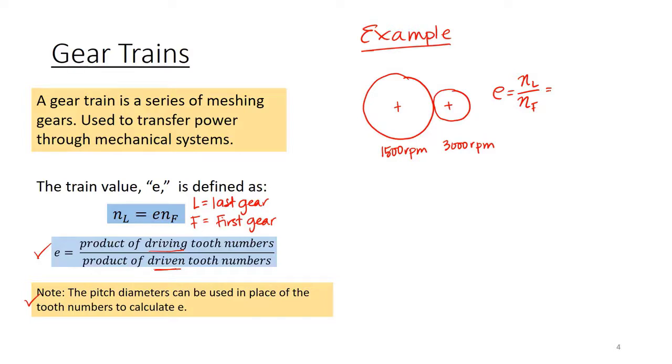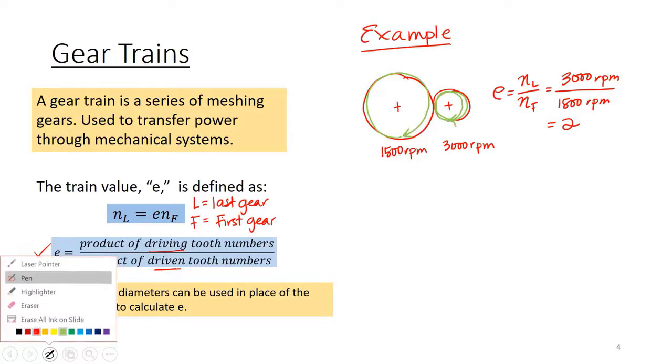We just have 2 gears, so pretty easy to identify the first and last gear. The last gear is at 3000 RPM. The first gear, 1500 RPM. So that gives us a train value of 2. And really what that's saying is that the last gear is spinning at twice the rate of the first gear.